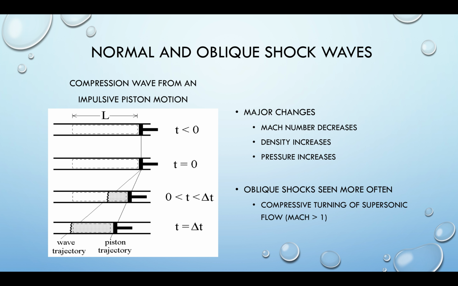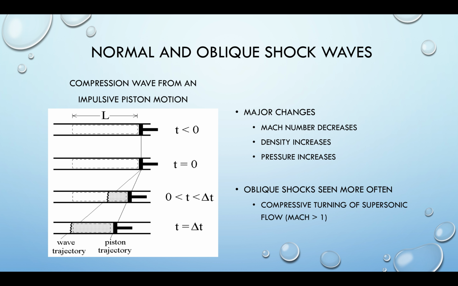When the flow with the higher density actually catches up to the original flow, there is a sudden decrease in the flow. The major changes that we observe are that the Mach number decreases. The Mach number is something that is commonly used to compare the velocity of the flow of gas to the speed of sound in that medium.